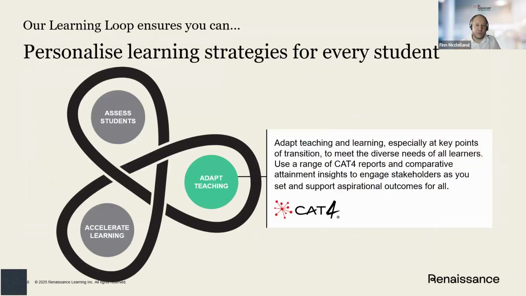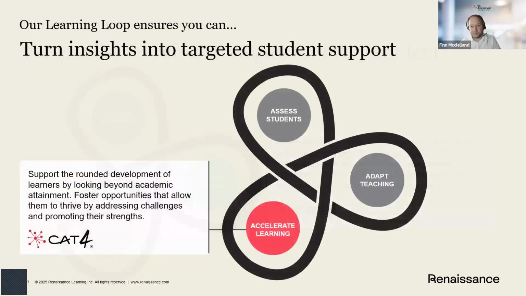This then allows teachers to adapt how they are providing their education for their students to ensure that the students are able to learn to the best of their abilities, using that carefully crafted, personalized support in order to accelerate learning. So that students, no matter their ability, can work to their true potential.